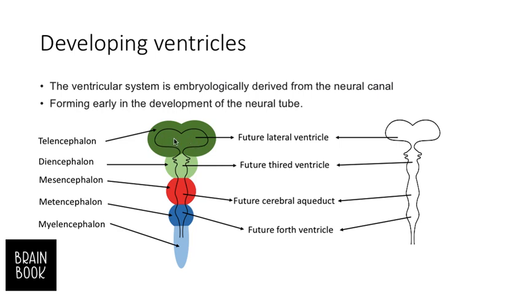These parts form the future lateral ventricles, left and right lateral ventricles. This part in the diencephalon forms the future third ventricle, and here this part in the mesencephalon forms the future cerebral aqueduct that connects the third and the fourth ventricle to each other.